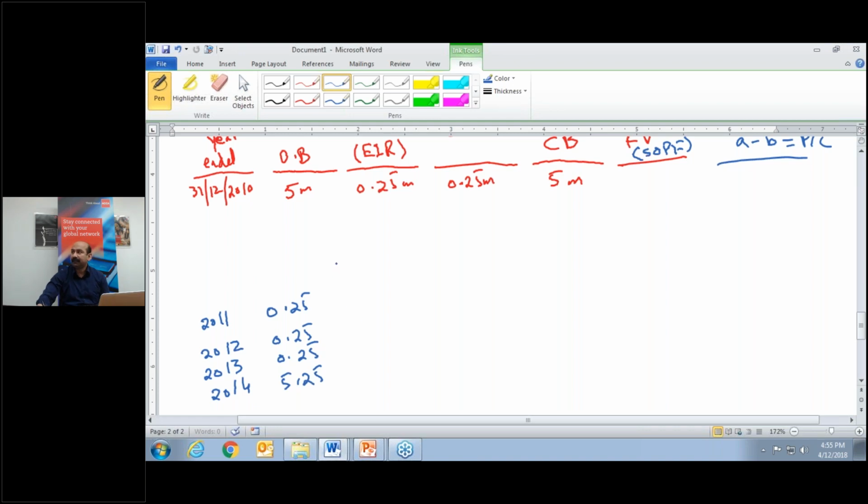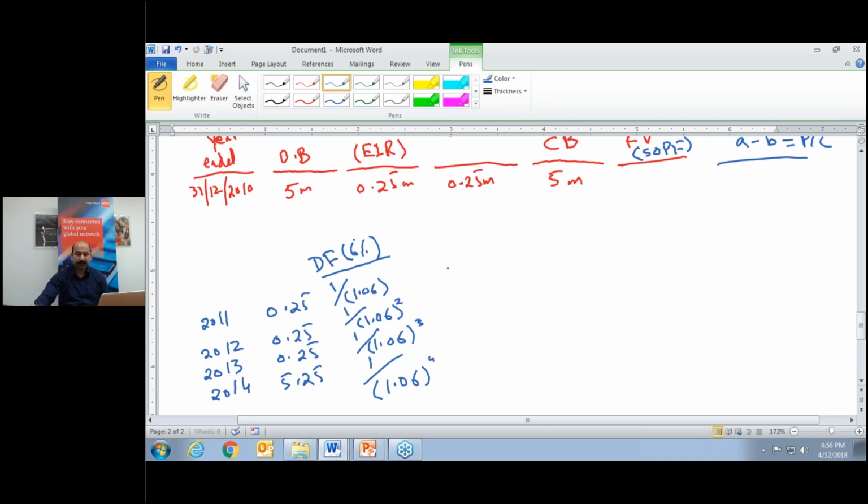The discount factor which we will use is basically 6%, the new effective interest rate. So for the first year this will be the factor, for the second year this will be the factor, for the third year this will be the factor, and this is the factor for the fourth year.